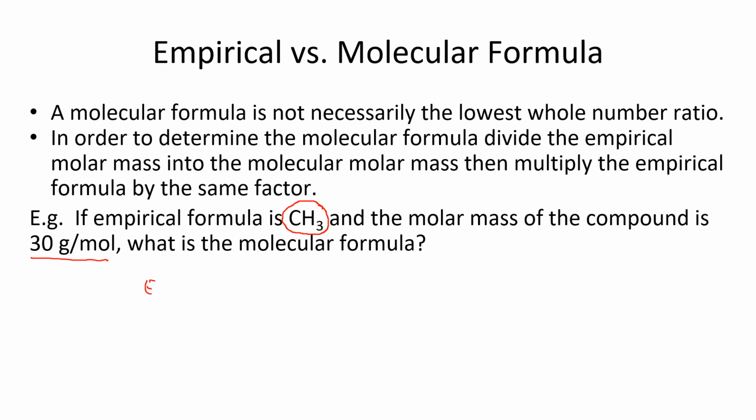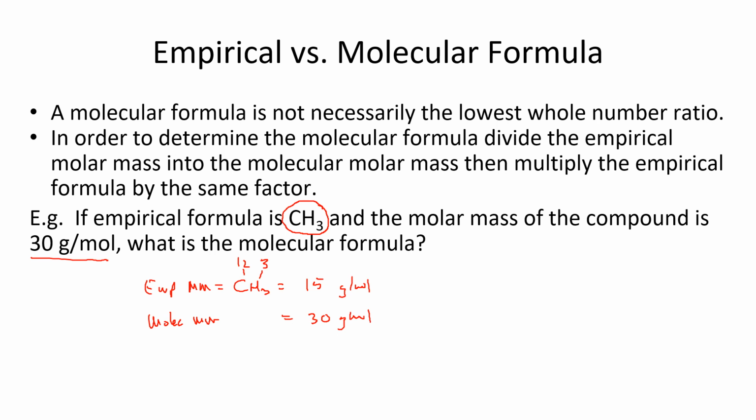So if we work out our empirical molar mass of CH3, it is going to be 12 plus 3, is 15 grams per mole. And the molecular molar mass is 30 grams per mole.